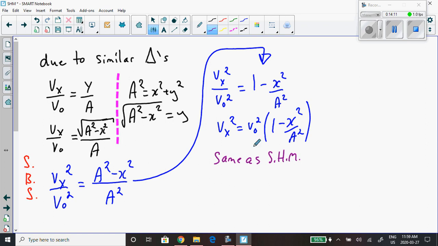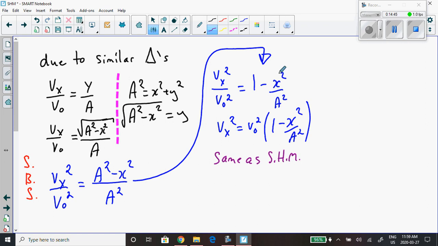Oh my goodness, that's exactly the same as the expression that we came up with for velocity of an object undergoing simple harmonic motion. So what have I done here? I've proved to you simply from the geometry of uniform circular motion that the velocity x component of the object undergoing uniform circular motion is absolutely positively the same as the velocity of an object undergoing simple harmonic motion.